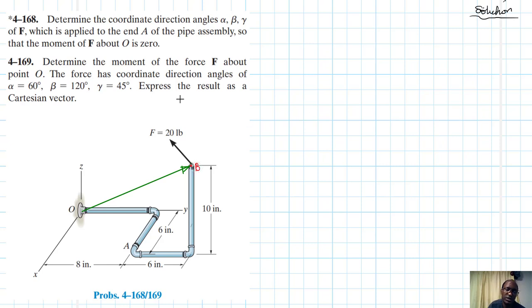So before I continue solving, let me make mention of this. We can solve this problem by using either the scalar or the vector approach, or a combination of both.